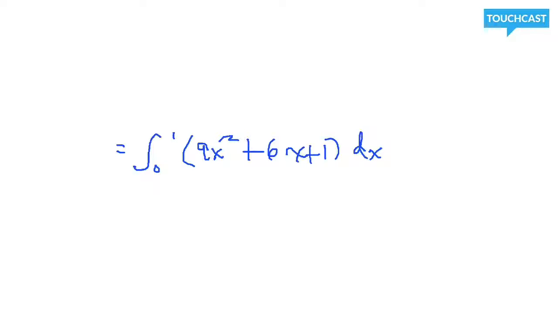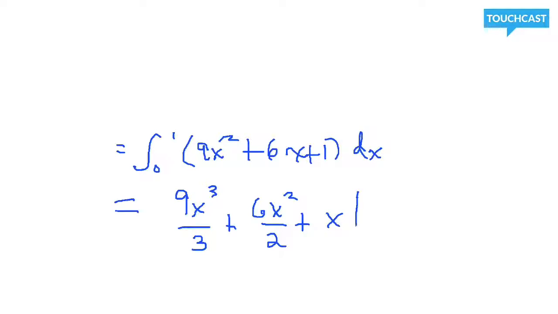So this is going to equal, I'm going to think of an antiderivative, and that's going to be 9x, we're going to add 1 to the exponent, divide by the new exponent, plus 6x, my old exponent was 1, so my new exponent is 2, divide by the exponent, plus the antiderivative of 1 is x. So that's like 1x to the 0, I'm going to add 1. From now on, I'm going to use that notation that we saw in the last video, which is I'm going to evaluate that from 0 to 1.